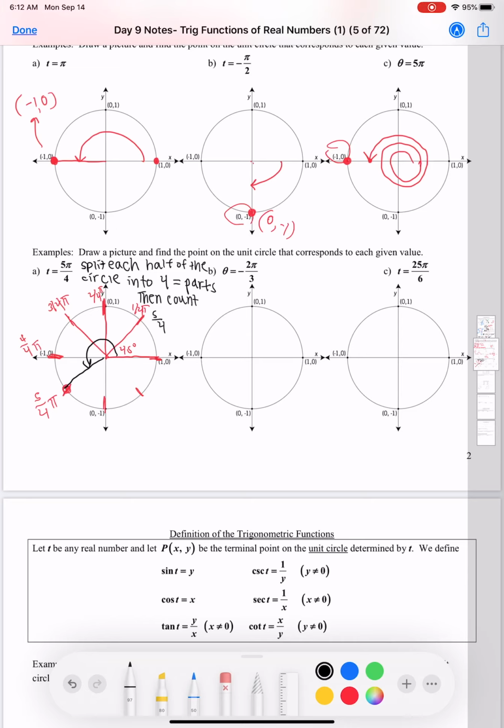So what I'm going to do next is draw a triangle and decide if it's a 30, 60, 90 or 45, 45, 90 triangle.